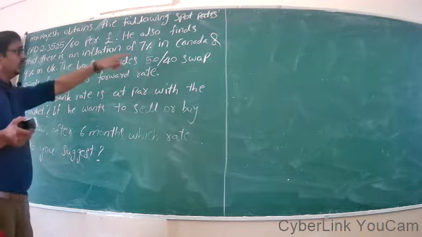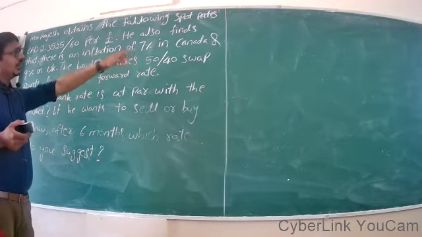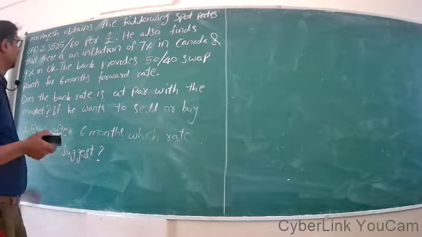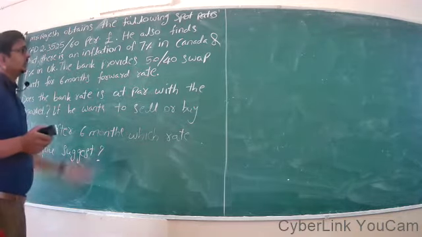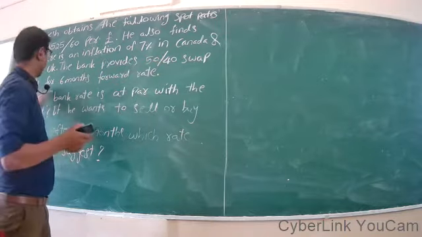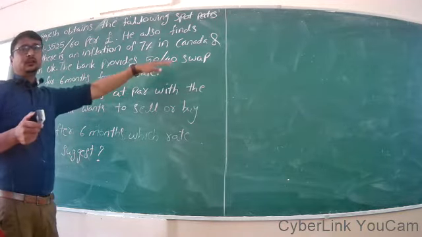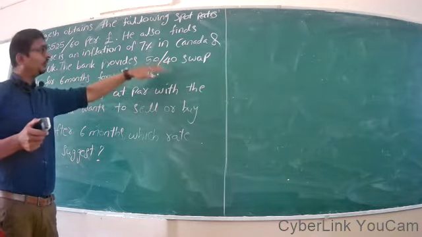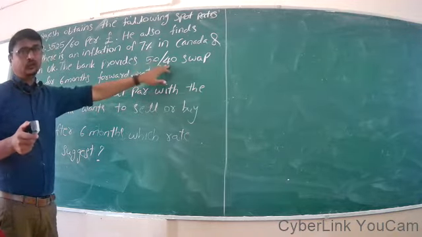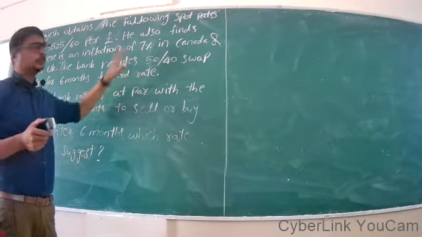Now, the bank also gives certain information: the 6 months forward rate is 50/40. It is the swap point, 50/40. Since it is in decreasing order, 50 and 40, we have to deduct it from the spot rate.